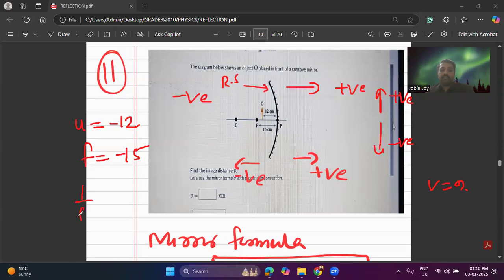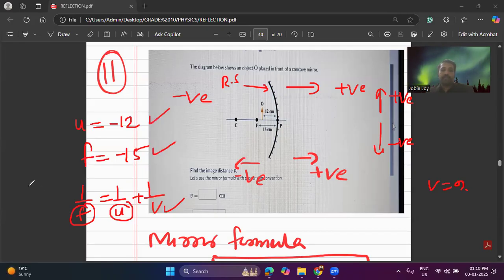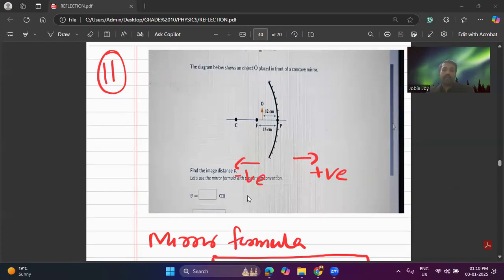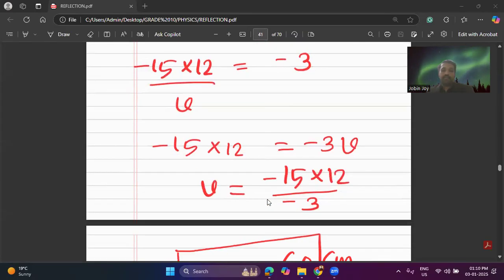So apply the equation. 1 by F is equal to 1 by U plus 1 by V. From this we can calculate the image distance V. You know F, you know U. F is equal to minus 15, U is equal to minus 12. Substitute it and solve it, you will get the value of V. What is the value of V here?